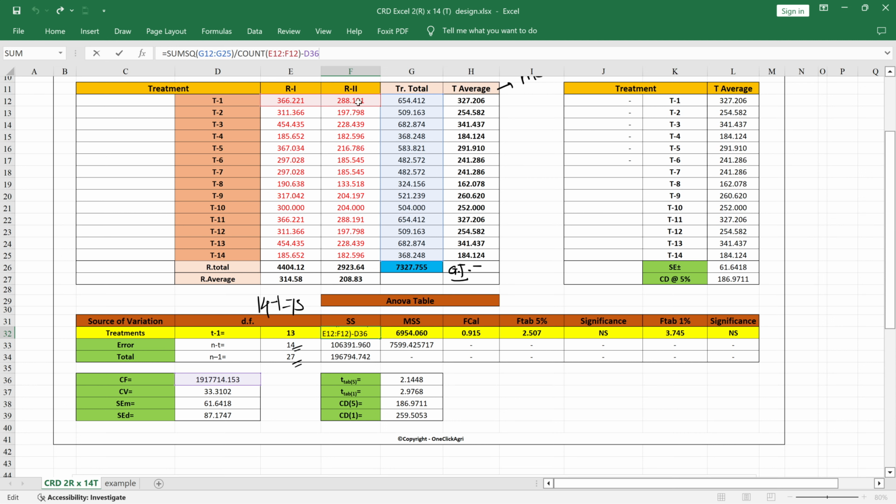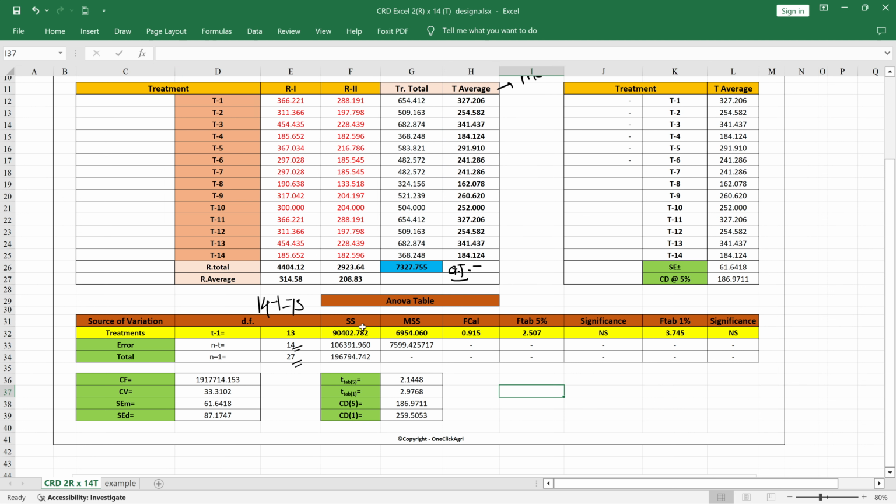You can divide it by the number of replications or plots per treatment, or just the number of observations per treatment. After that you need to subtract the correction factor, that is the CF value. Then you will get the sum of squares.